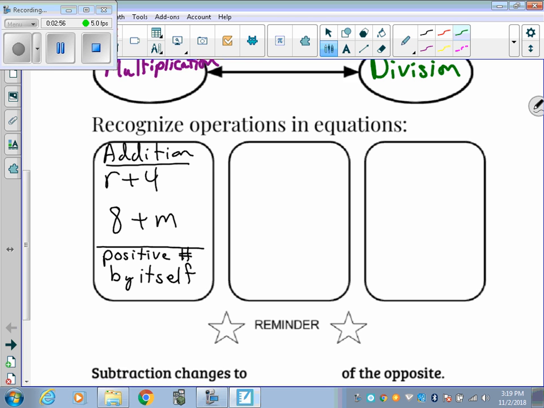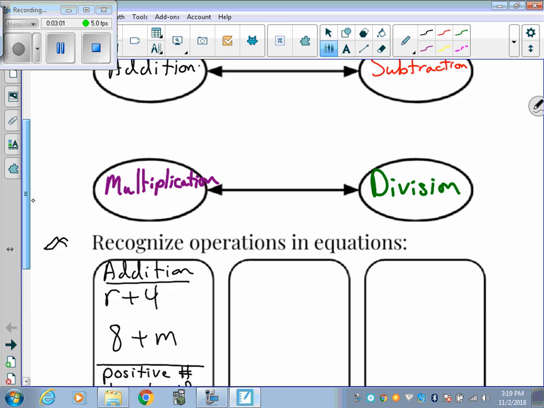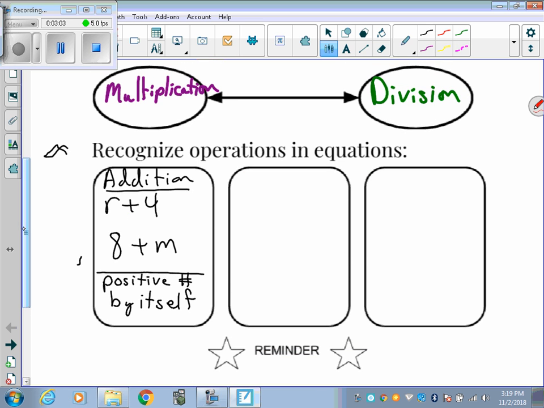For subtraction, which I do believe we use blue. Oh, no, I'm wrong, red. For subtraction, so if I put that C in there, subtraction, we either have t minus 6, okay, and no, we're not blasting off in 5, 4, 3, 2, 1, or we have negative 5 plus s.